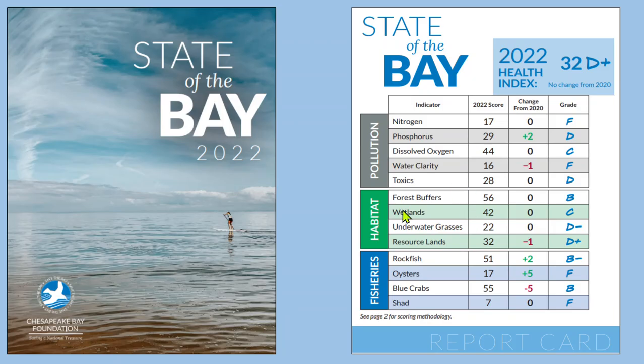So we didn't talk about a lot of that, but we did talk about forest buffers and other ways to prevent erosion. And then I'm not really going to get into fisheries, but you can see that there's rockfish and oysters and blue crabs, and shad is another kind of fish. So you can see that we have different scores for the things that are living in the bay. All right. Not a great score overall, right? And we had a D+ in 2020 as well, so we haven't really fixed it yet.